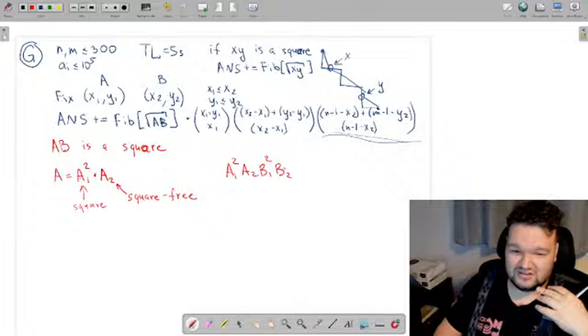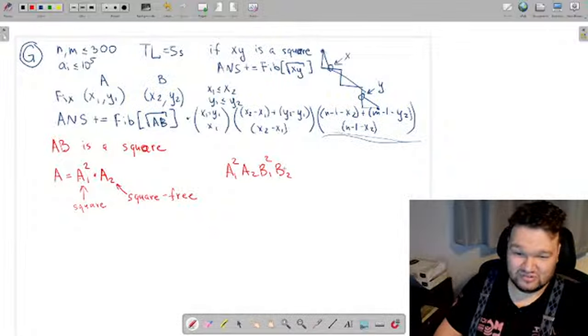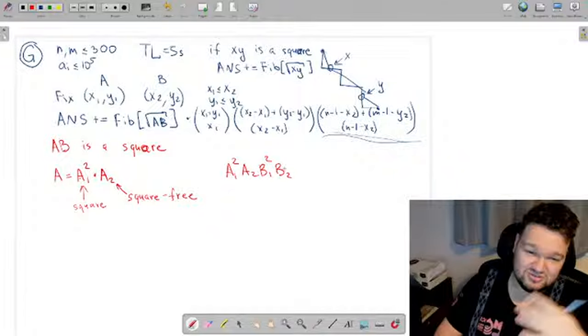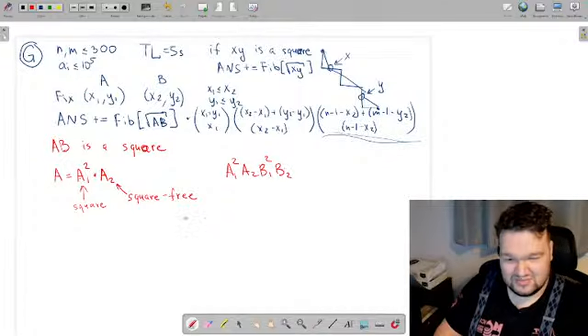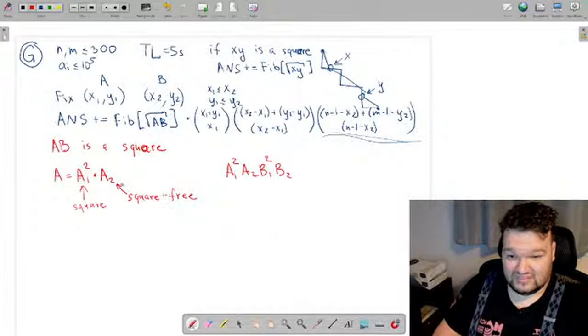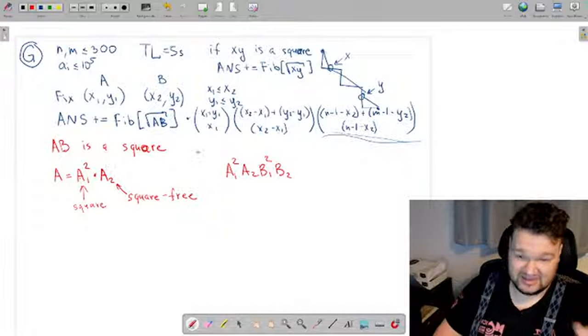So in the product, each prime can appear 0, 1, or 2 times. So for it to be a square, it must be either 0 or 2, which means that they must have the same set of primes. So AB is a square if and only if their square free parts are the same.